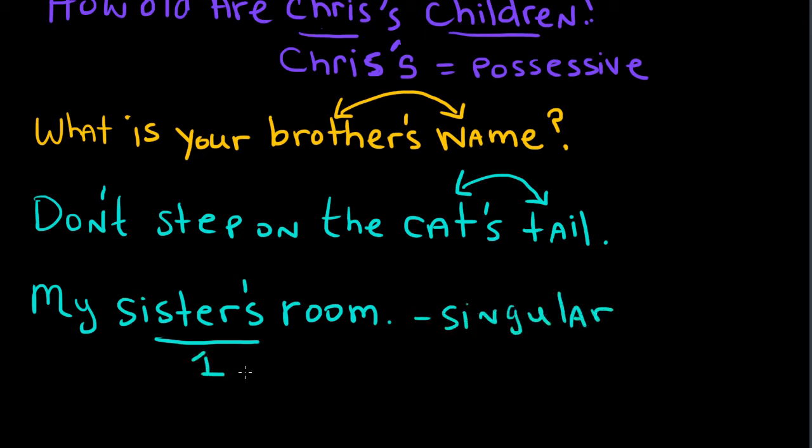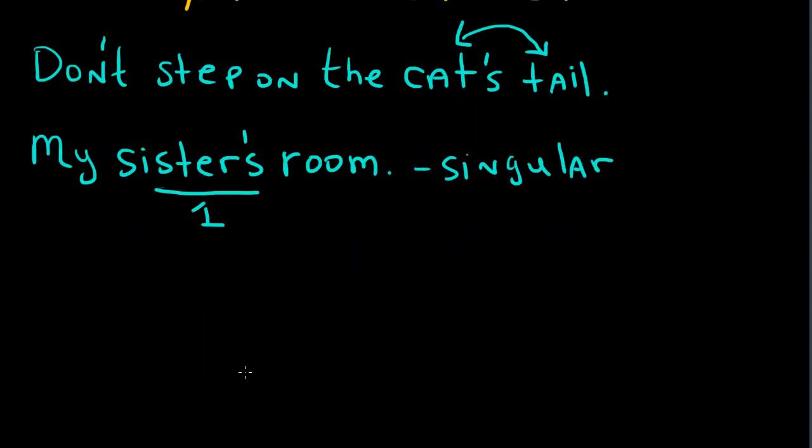But what if we have something that's plural? How do we show possession? Let's look at an example. If you have two sisters, it will be plural.